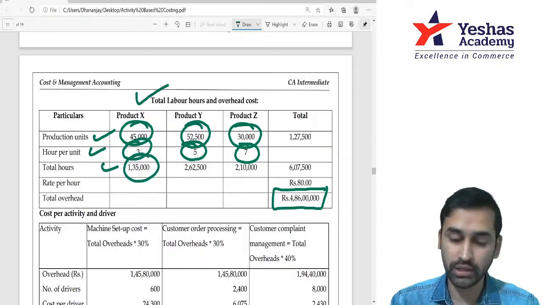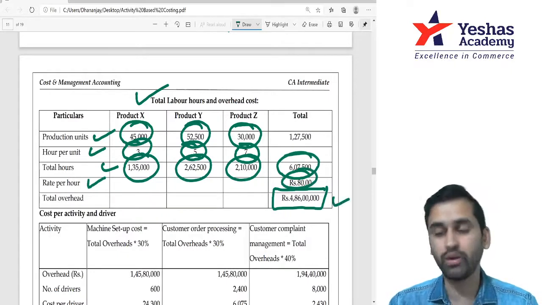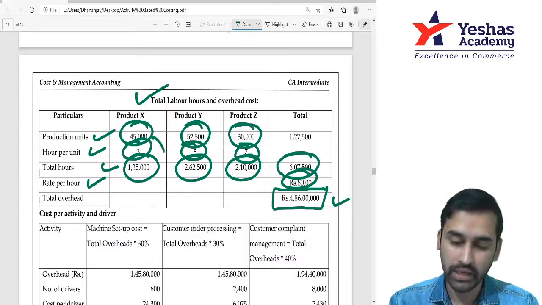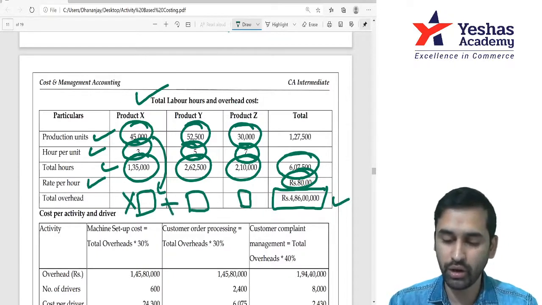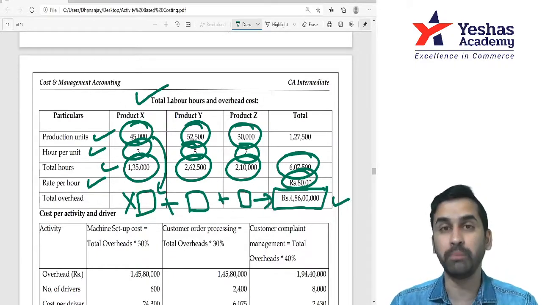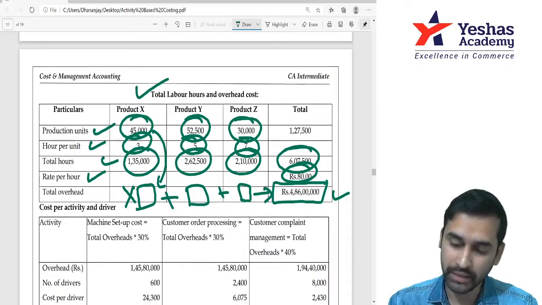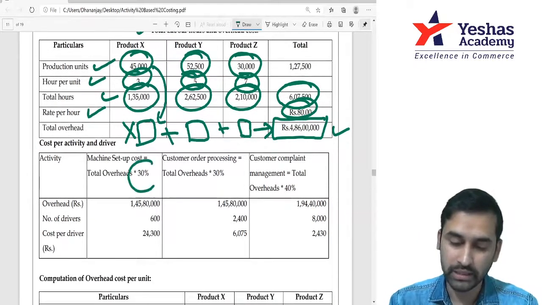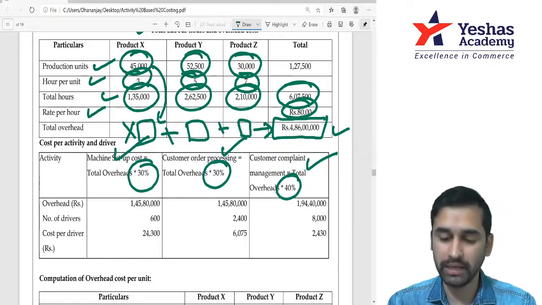Then they said total hours, and then rate per hour, and then they have got it. You can do it in an easier way. Number of units you multiply by overhead cost per unit and add all three, you will get the same number, 4.86 lakh. Okay. Then they said out of 486, 30% is setup cost, 30% order processing, 40% balance.